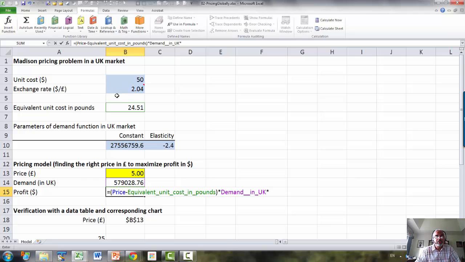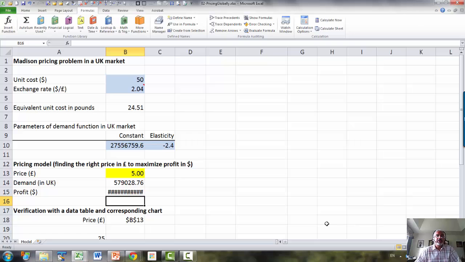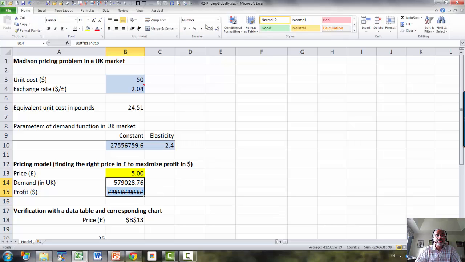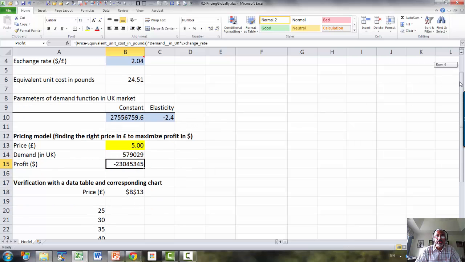Each pound is worth $2.04. Multiply by that, then we have profit in dollars. Okay. Okay, now we're going to, that's our objective function.